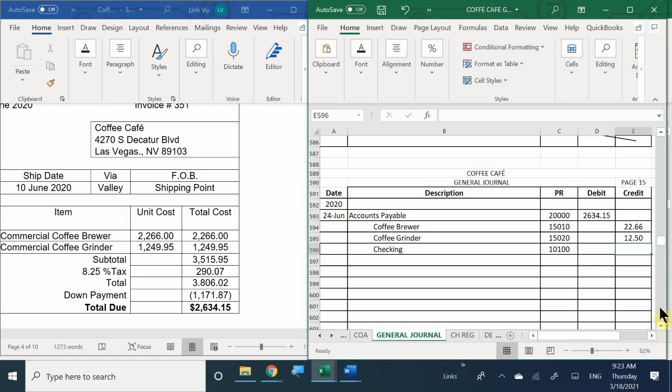So how much should my checking be? How much is my check written out for? 2598.99. Excellent. Okay. So once again, here I'm going to write some information here.